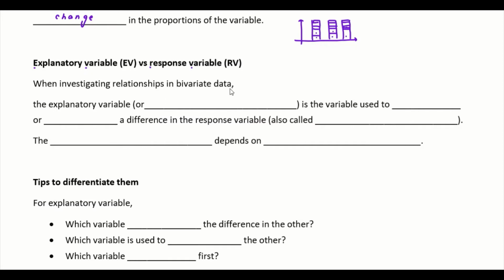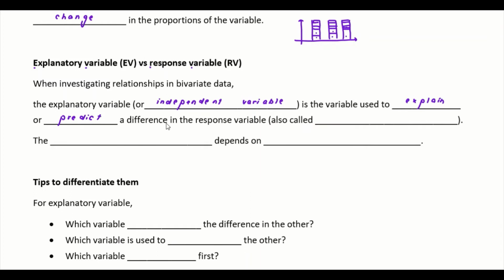When we investigate relationships in bivariate data, we will have two variables. The first one will be called the explanatory variable, or sometimes the independent variable. The explanatory variable is the variable that you use to explain or predict a difference in the response variable.